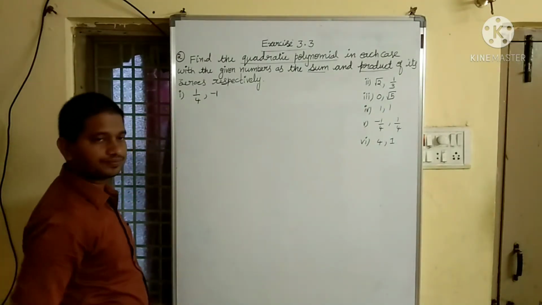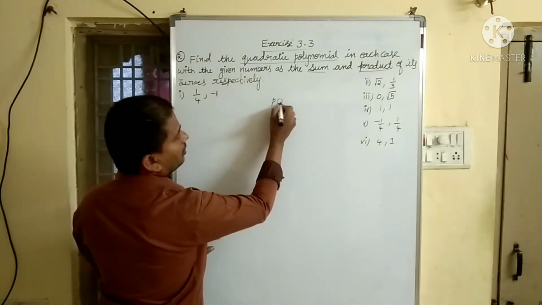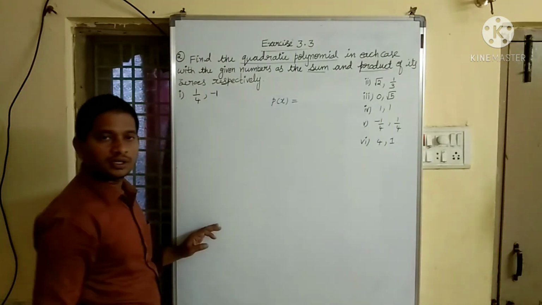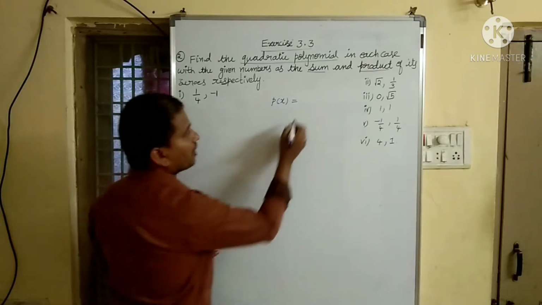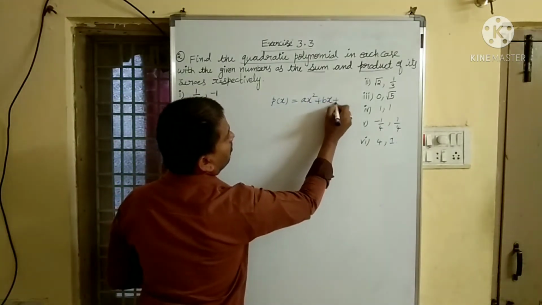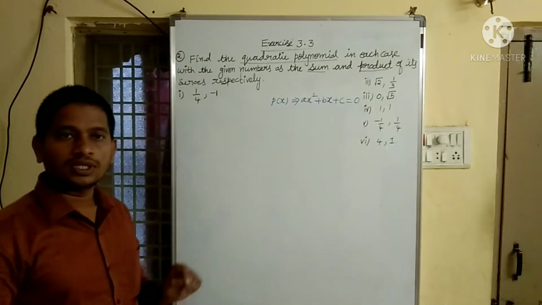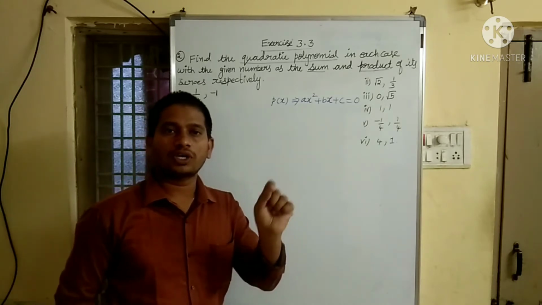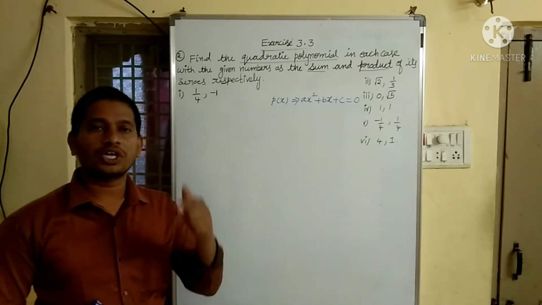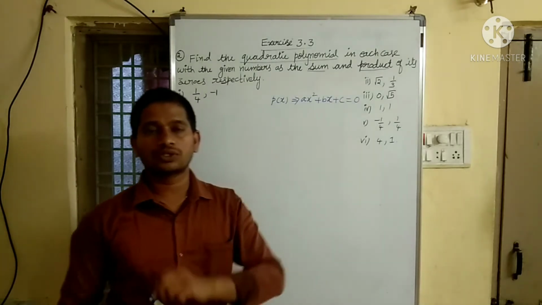As we know, what is the standard form of the quadratic polynomial? The standard form of a quadratic polynomial is p(x) = ax² + bx + c = 0. Quadratic polynomial in the sense it has two zeros.